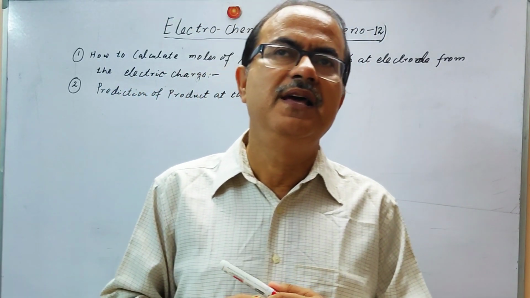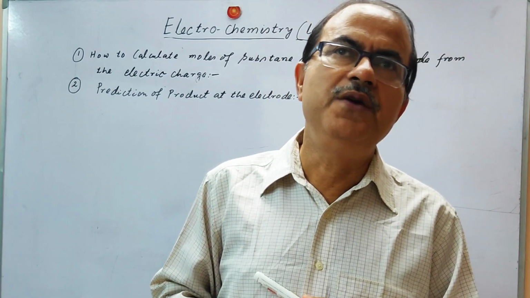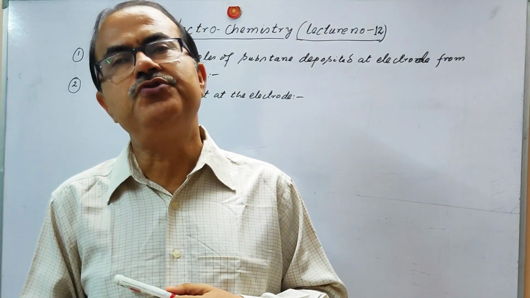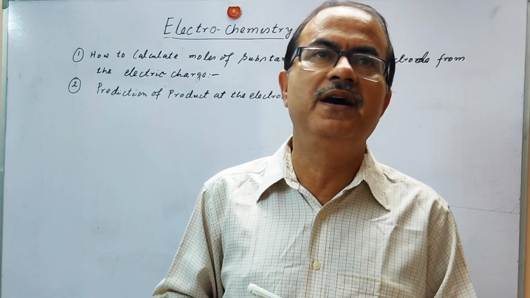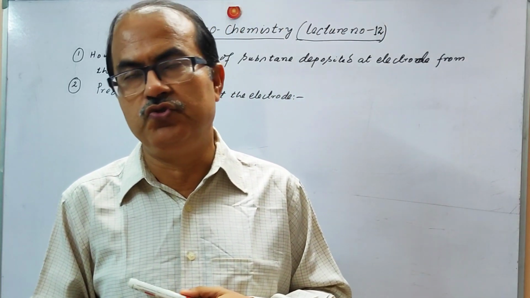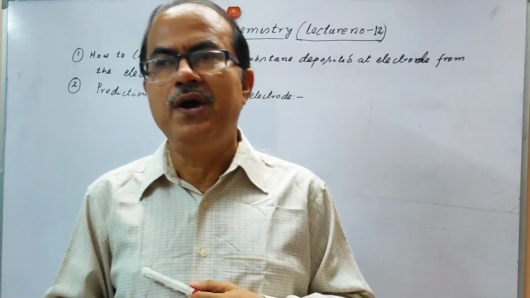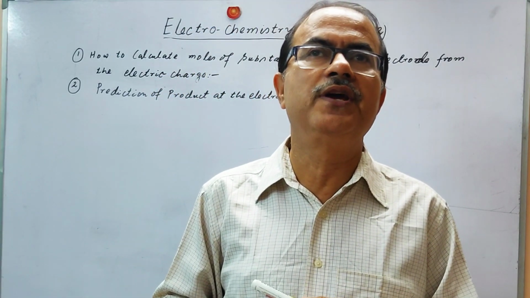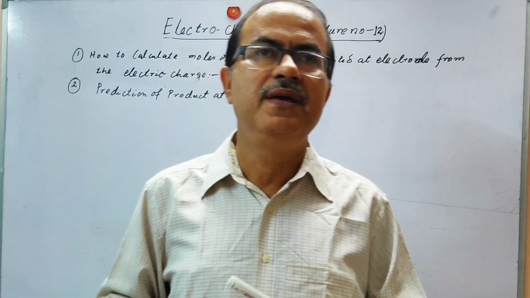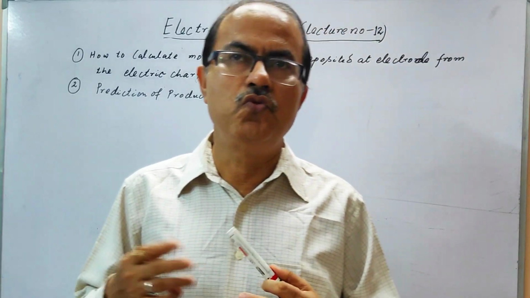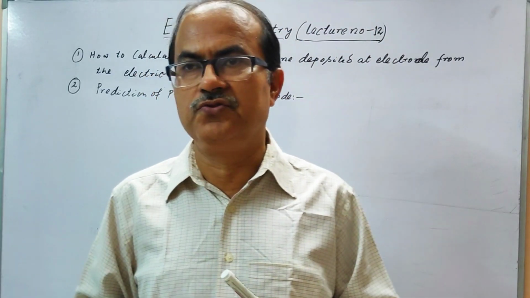Another factor is the type of electrodes. If the electrodes are inert, for example platinum or gold, they will not take part in the chemical reaction; they only act as a source and sink of electrons.